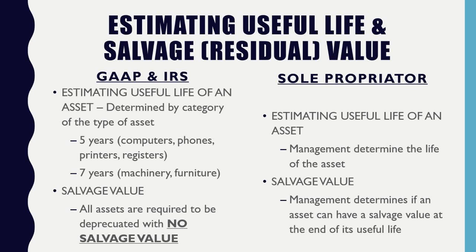Under the rules of the IRS, if you are a corporation, you must follow these rules. They have something similar to a Blue Book, like the Kelley Blue Book is for cars. They have a similar book for all fixed assets.